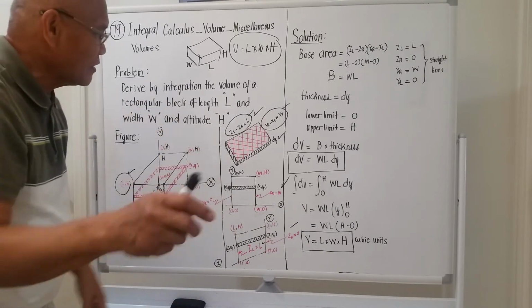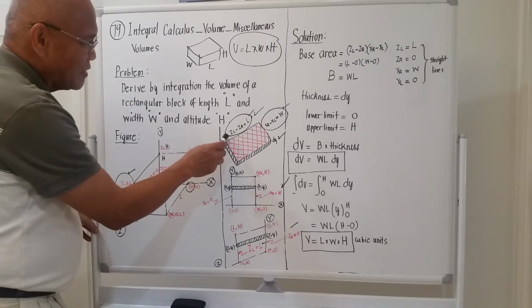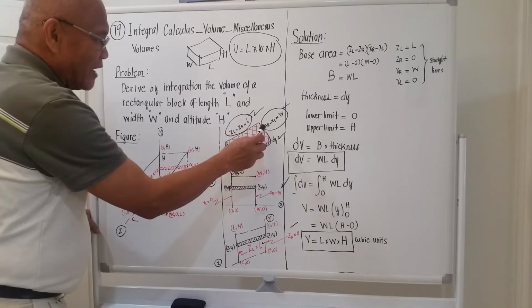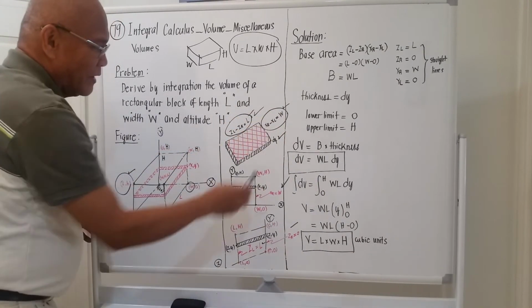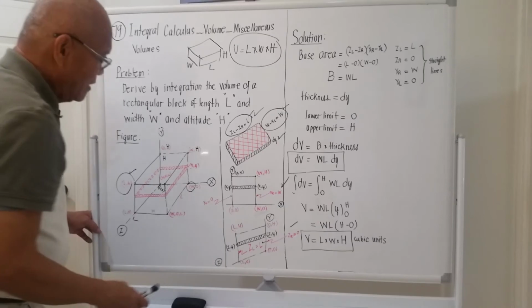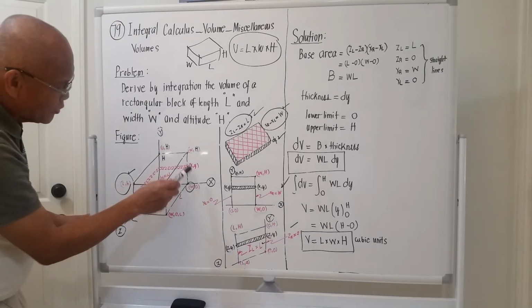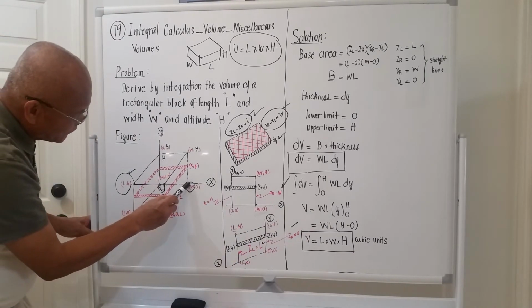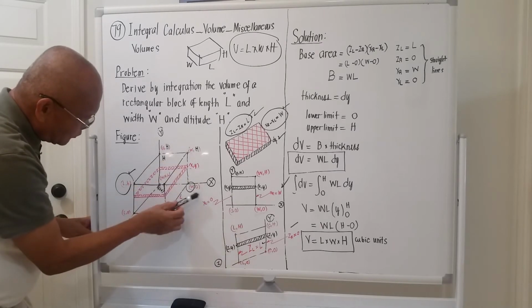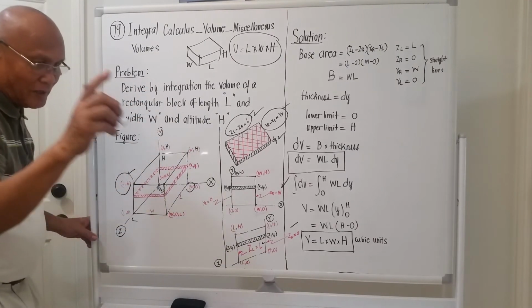It is just a straight line. So I place it here: CL minus CR is L, XR minus XL is W, and this is the thickness dy. And as you can see, this thickness dy moves from 0 to capital H to cover the total distance of the rectangular block.